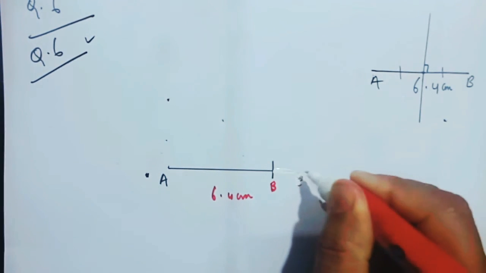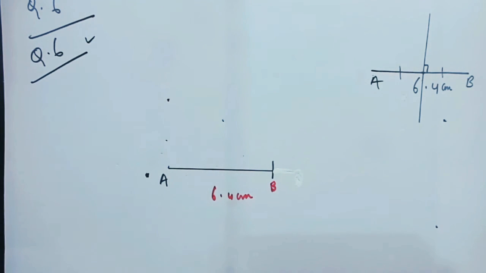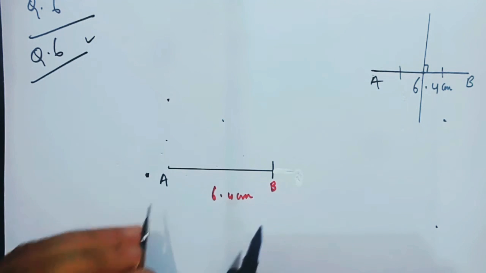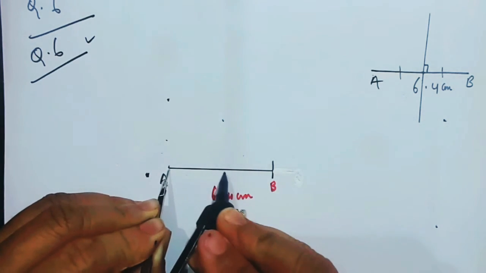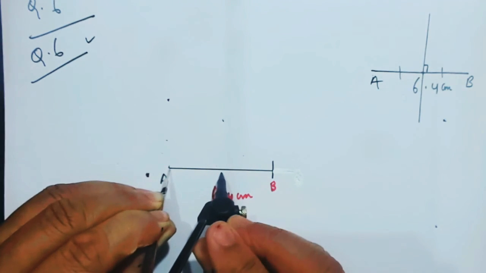I do not have any other option than to use the whitener. Now I think this is clear. My AB is equal to 6.4 centimeter. Now how to draw perpendicular bisector? In order to draw perpendicular bisector, we shall be taking length more than half. This is my half, isn't it?